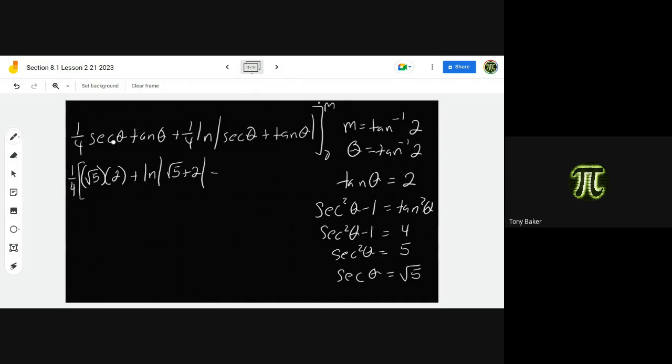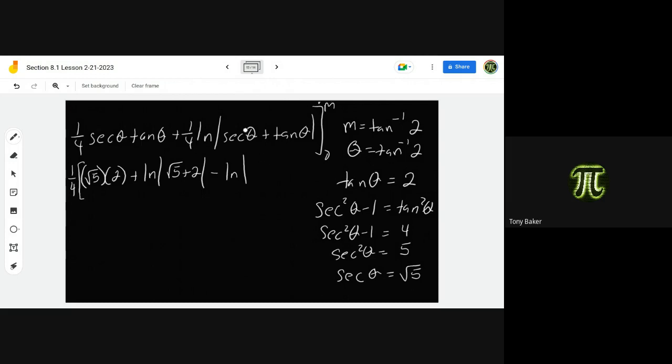So now we've basically plugged in what we had for each of those. What's tangent of 0? 0. So that whole thing's gone, because 0 times anything is 0. For the other one, we need what secant of 0 is. Just plug it into your calculator. It should be 1, because cosine of 0 is 1 and secant's the reciprocal of that.